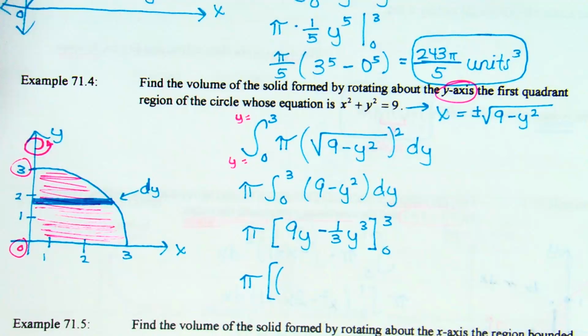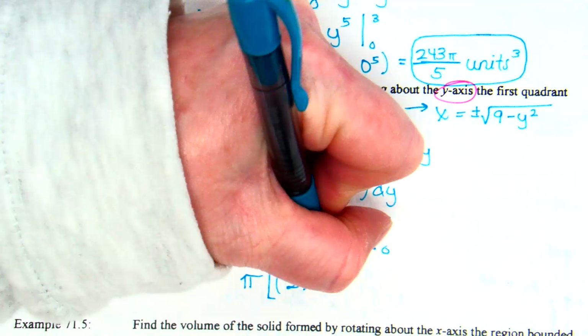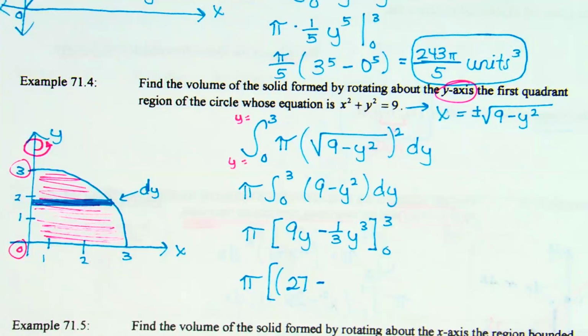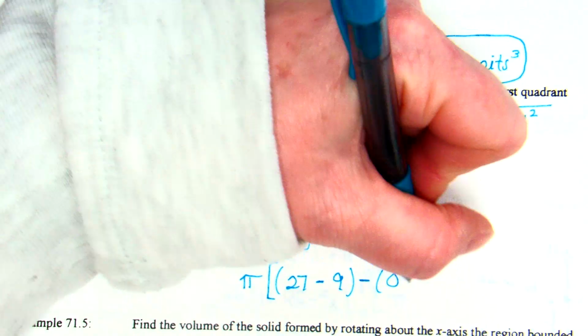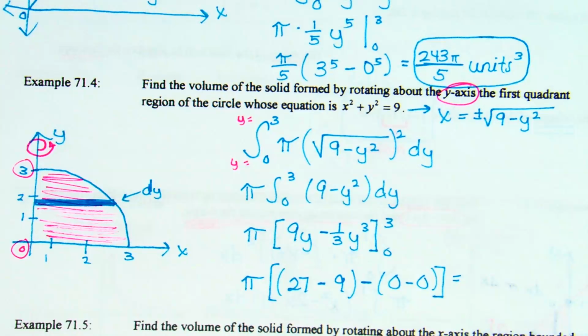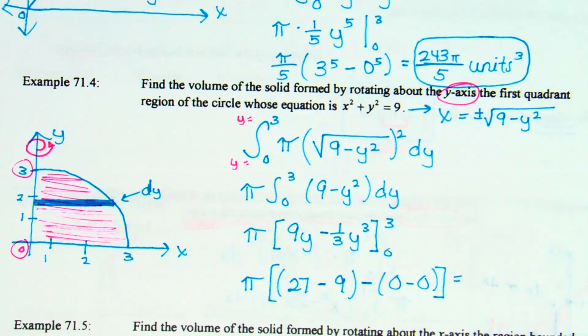Plug in 3. 9 times 3 is 27. Minus 1/3 of 3 cubed. So 1/3 of 27, and 1/3 of 27 is 9. Minus 0 minus 0. So we end up with 27 minus 9 times pi, so 18 pi units cubed.